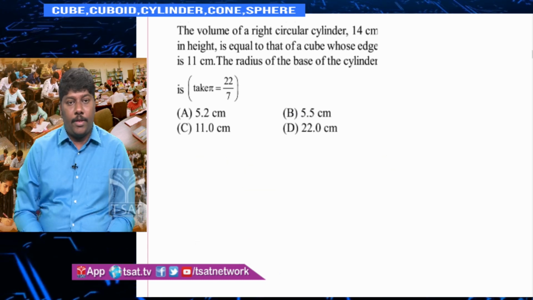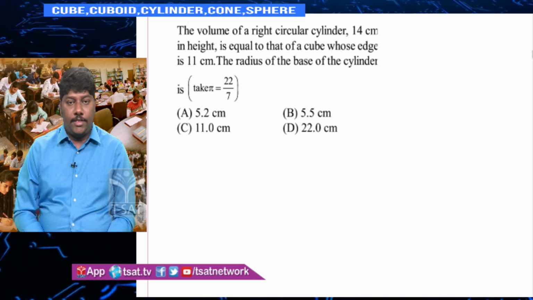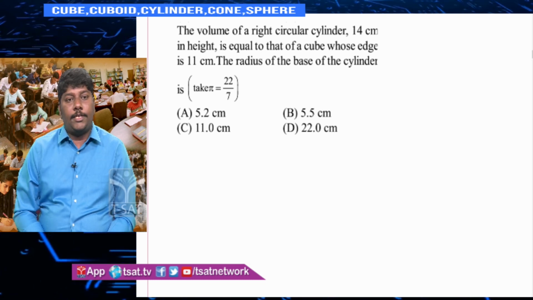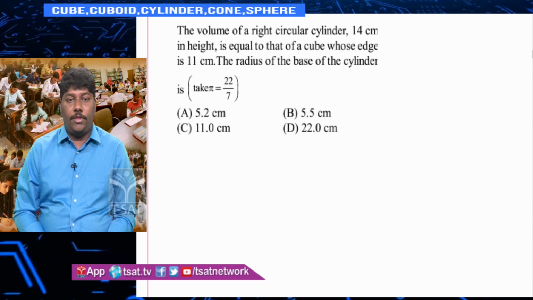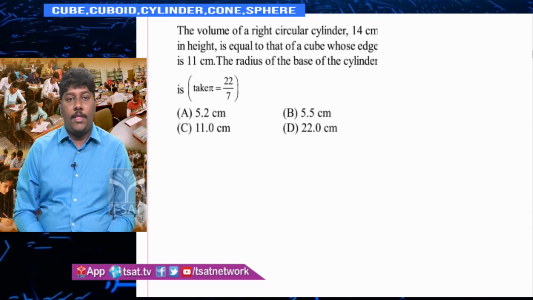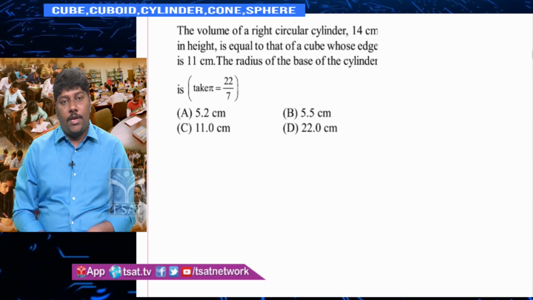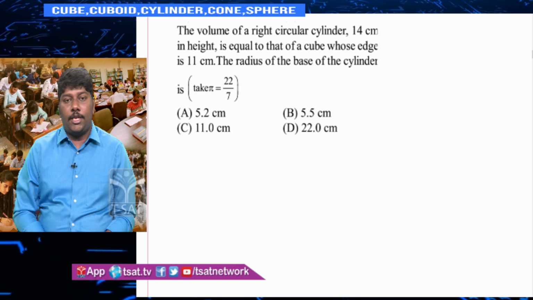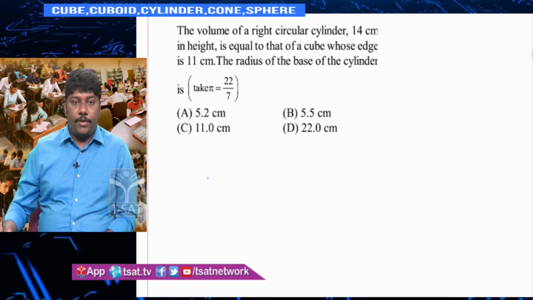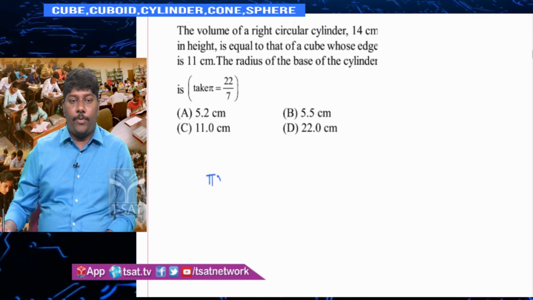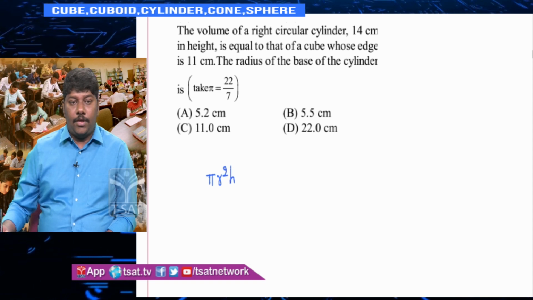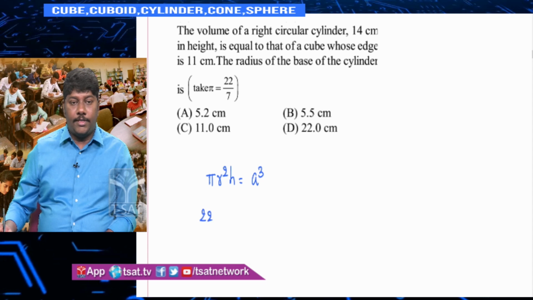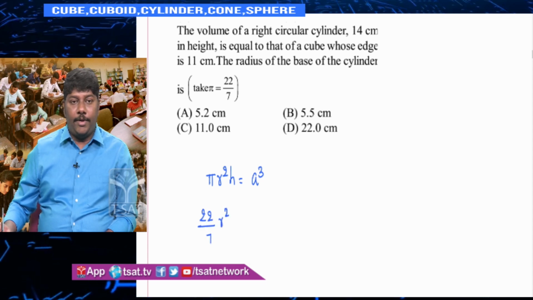The next one. The volume of the right circular cylinder. Now this is cylinder and a cube. A right circular cylinder 14 centimeter in height is equal to that of cube whose edge is 11. The radius of the base of the cylinder. He is equating the volume of a cylinder to the volume of the cube and he is asking you the radius of the base. So equate both the volumes. Pi r square h is equals to a cube. Pi means 22 by 7. R square, let it be r square.